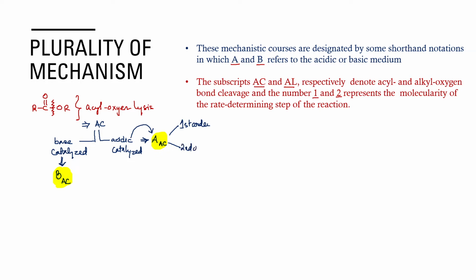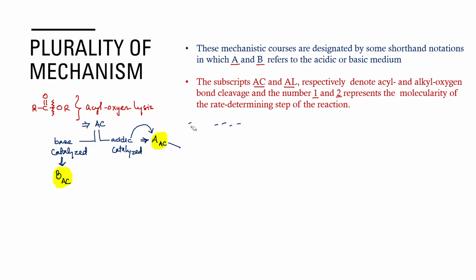So if it proceeds by first order, then I will name it as AAC1. Second order, AAC2। ये हो गया हमारा नोटेशन लिखने का तरीका.